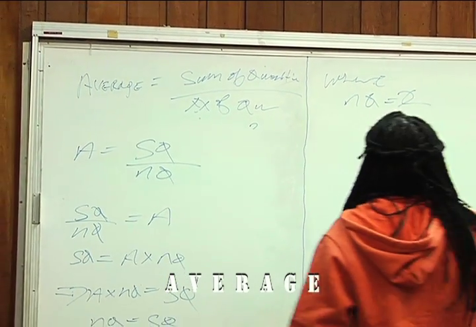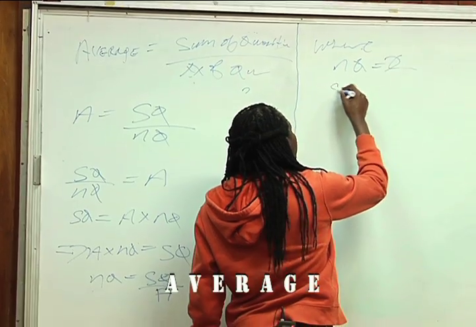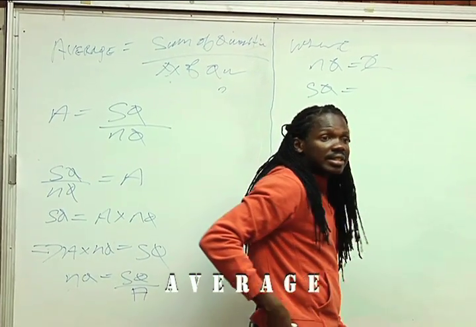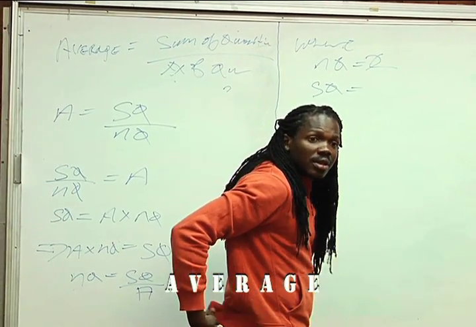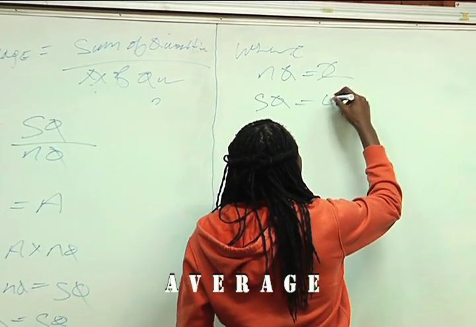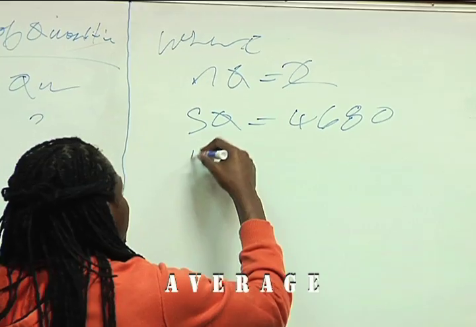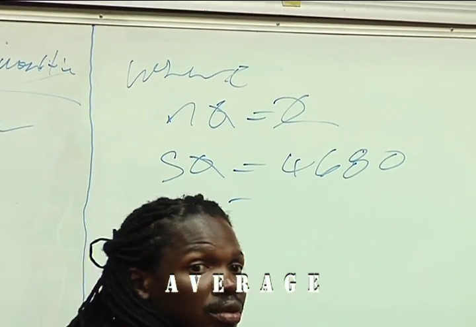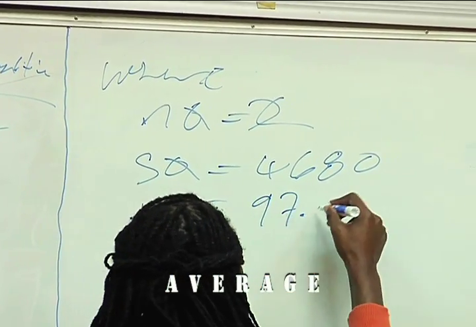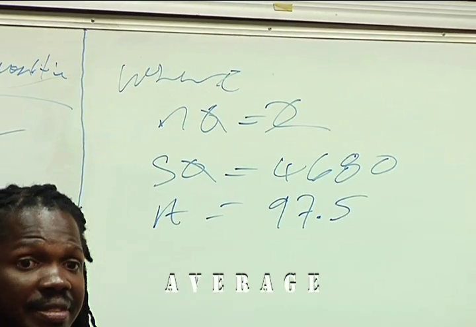Do we know the sum of quantities? Yes. SQ, what's the sum of quantities? 4,680. Do we know the average? 97.5. All of this is in the question.